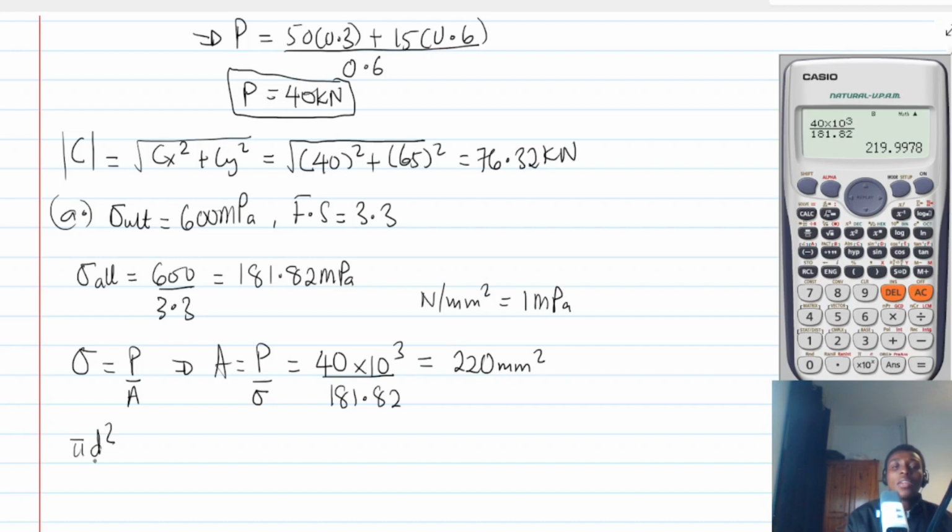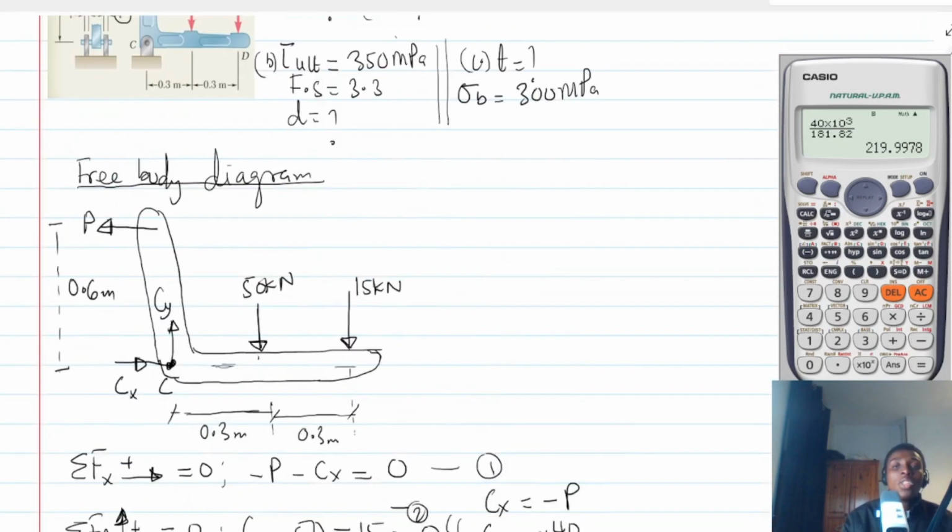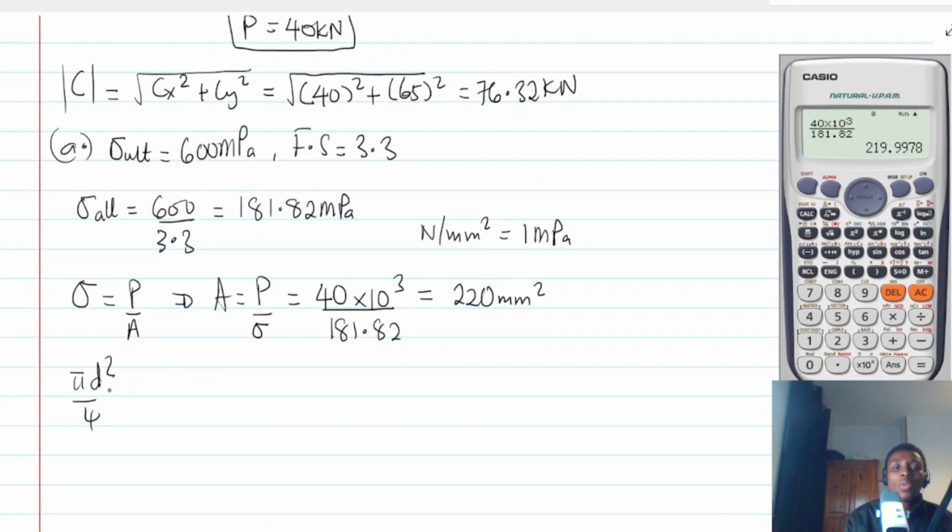To find the diameter is very simple. So DAB, that's what we are looking for. Solving for DAB, we have the square root of 4 into 220 divided by pi.